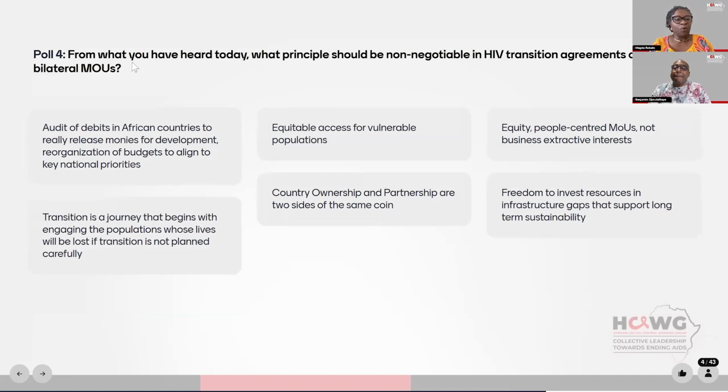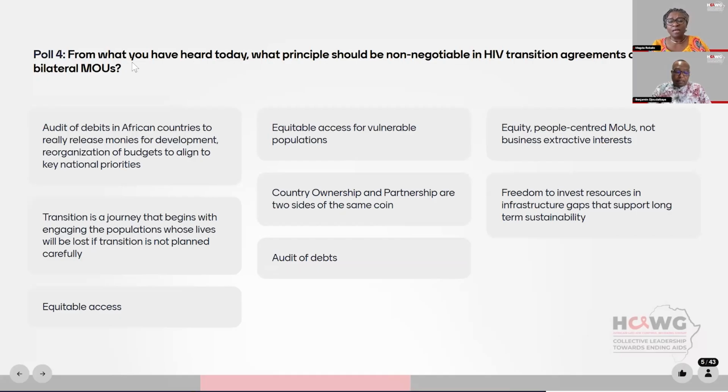The next poll is, from what you have heard today, what principles should be non-negotiable in HIV transition agreements or government-to-government MOUs? You have options. These are answers that we are receiving. Okay, equitable access should not be negotiated. It's non-negotiable.